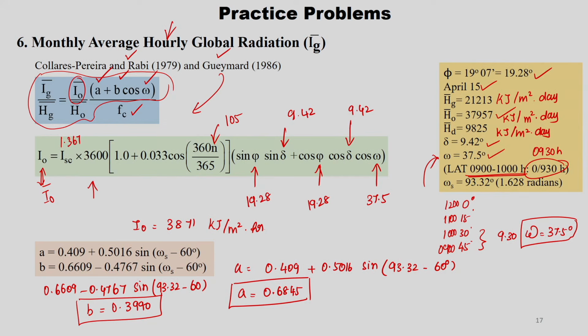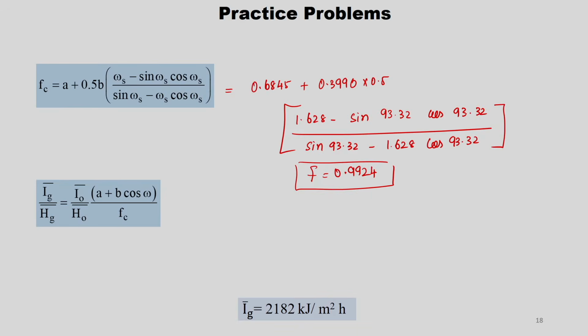So the correlation proposed by Collares-Pereira and Rabl can be used to calculate the hourly global radiation. Now we have calculated A, B and Fc. We already have I naught, H naught and Hg, so we substitute and find Ig.